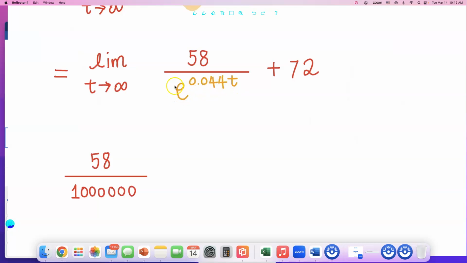Like e raised to a millionth power, it's going to be just a really big number, right? So think about dividing $58 among billions of, like, thousands and zillions of people. Each of them will get, like, how much? Nothing, right? So what I'm trying to say is when the denominator is getting super big and the numerator is just a number, we're dividing a number by an extremely big number.